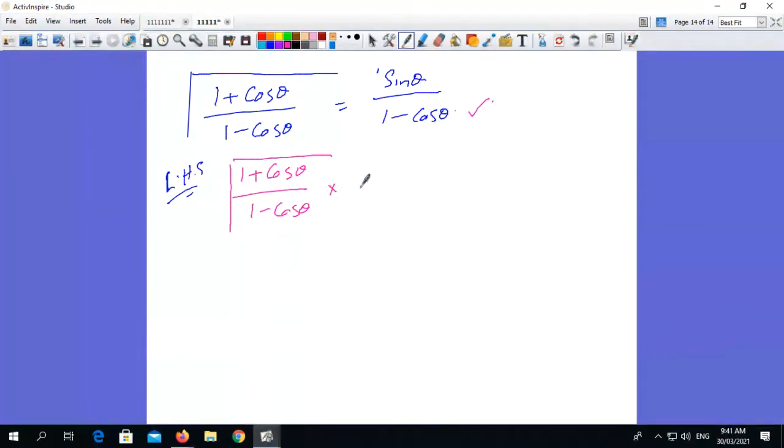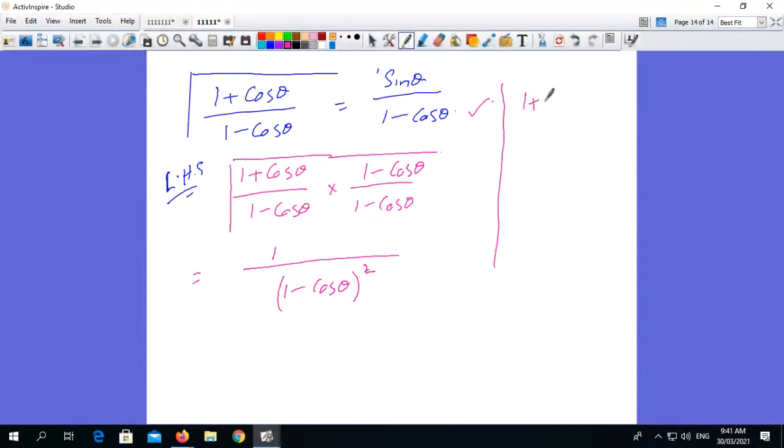So here if we multiply this by 1 minus cos of theta and divide by 1 minus cos of theta, we get the perfect square of 1 minus cos of theta whole square, which is our required on right hand side, because when we have a perfect square inside a square root, that term comes outside exactly the same.